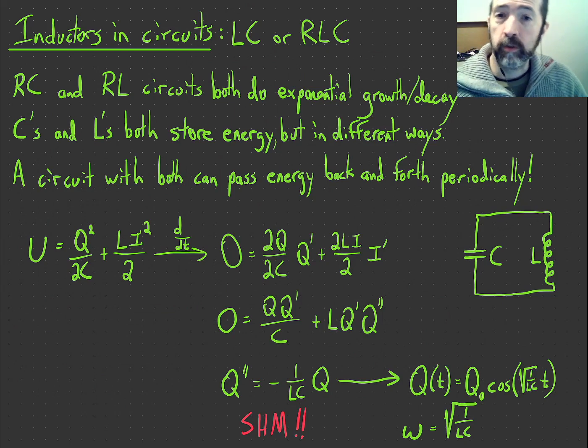We know that RC circuits and RL circuits both have this exponential growth and decay behavior. We know that both of them allow you to store energy temporarily in either the capacitor or the inductor. In one case, the stored energy is based on the accumulated current, Q, right?